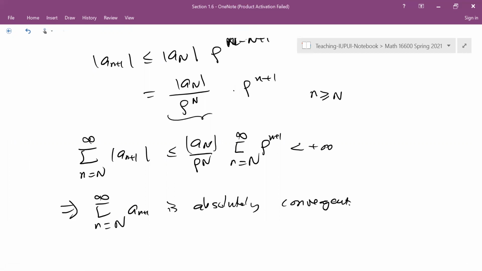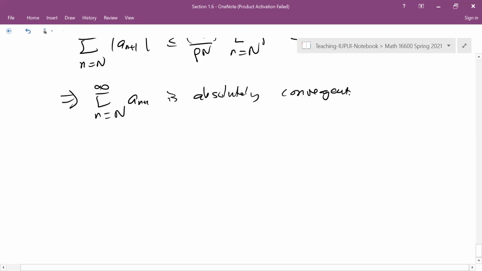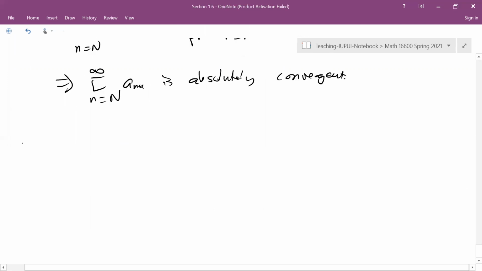All right, so let's take a look at some examples. This is the example I want to talk about. Remember this problem, n factorial over n to the n's power.